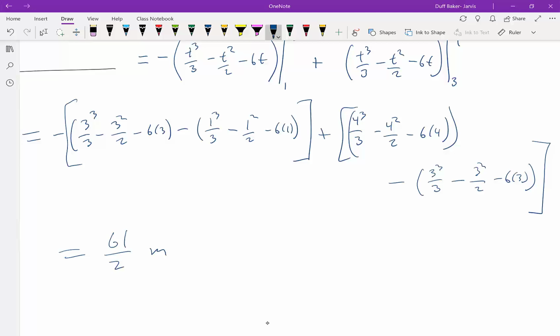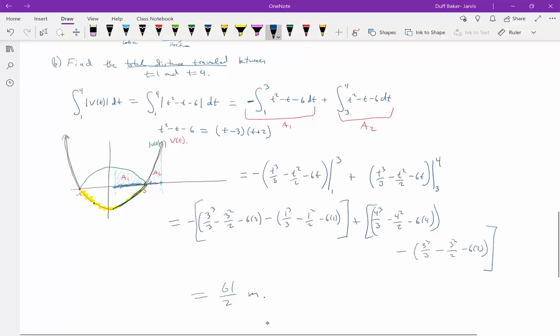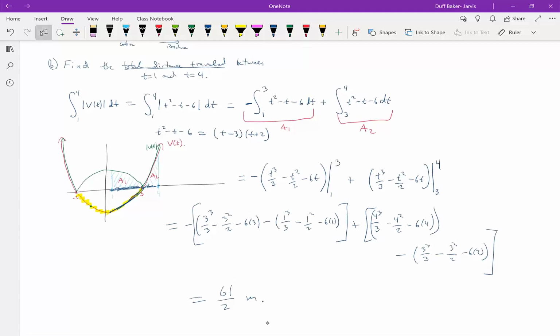So it's important, if you ever get a negative answer when you're doing total distance traveled, then something went wrong, right? Because total distance traveled should always be a positive number because it's how far you went. You can't go a negative distance. You can end up at a negative position, but you can't go a negative total distance. Okay, so any questions about this? This can be kind of tricky your first few times. Oh, 61 over 6, actually.